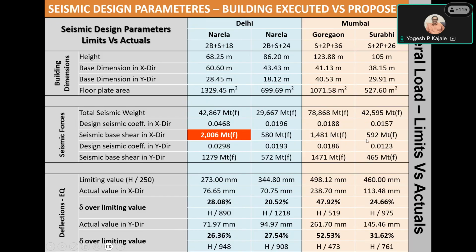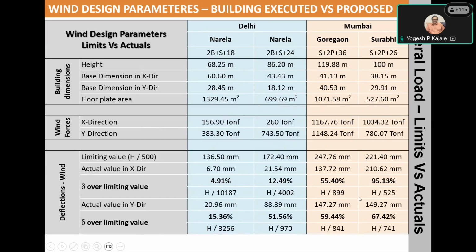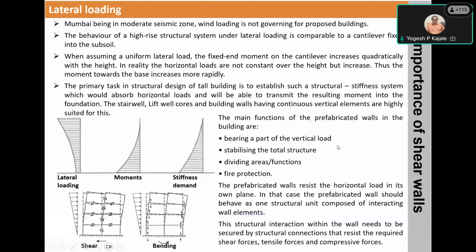So the seismic demand is quite low, but the wind force, being a high rise structure, was quite high. So of course wind is also governing, and to some extent the seismic forces are also governing.